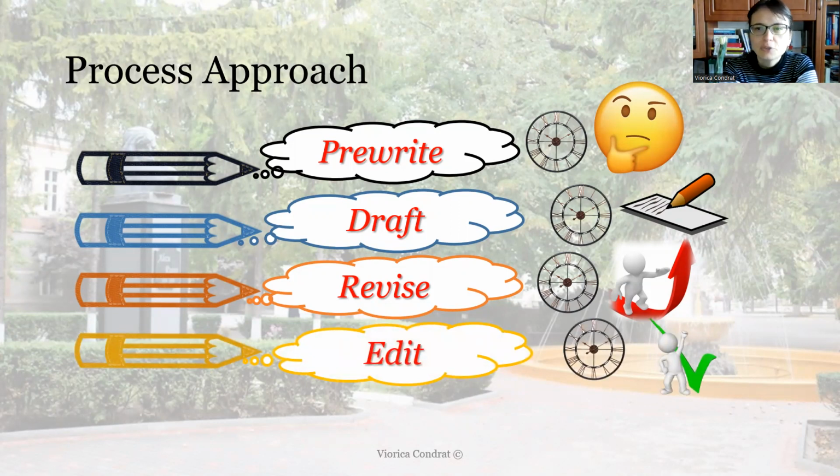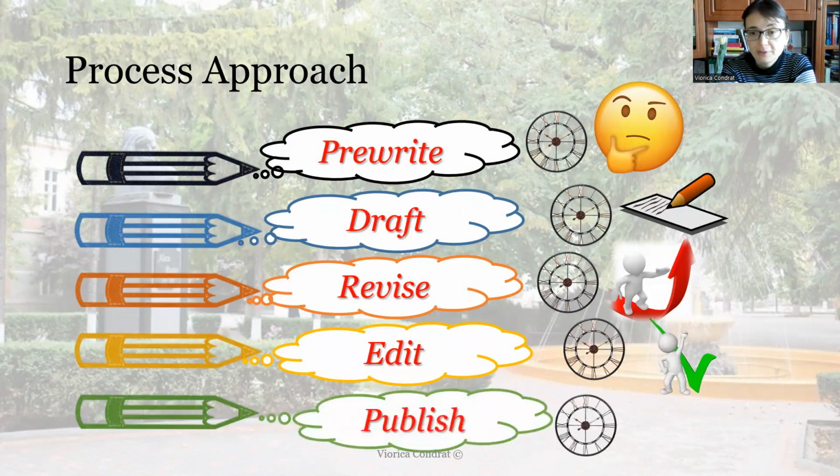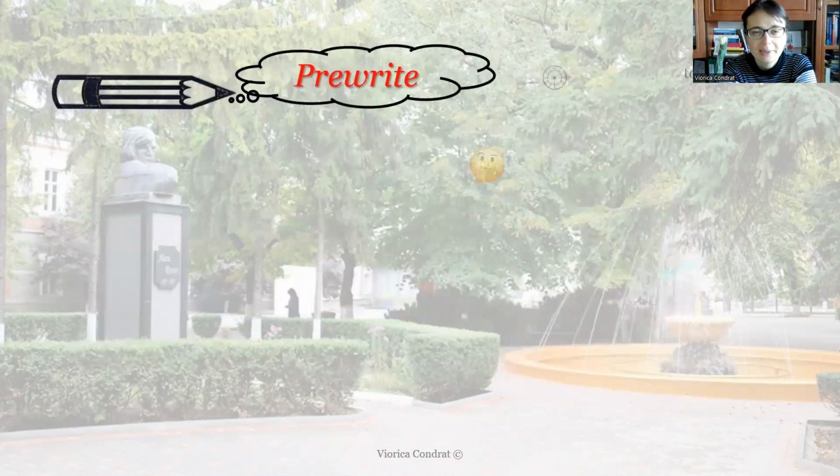This is the stage when you pay attention to the way grammar, punctuation, and spelling are realized. What I mean, if your grammar, punctuation, and spelling are correct. And finally, if you are satisfied with the result, you hand in your writing.